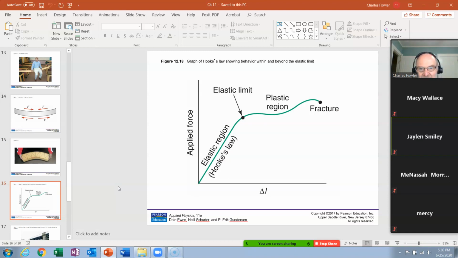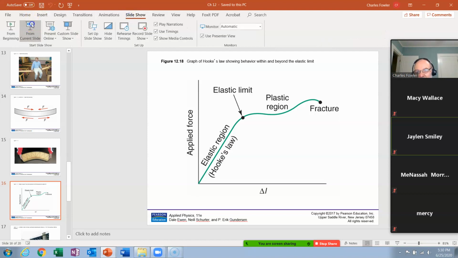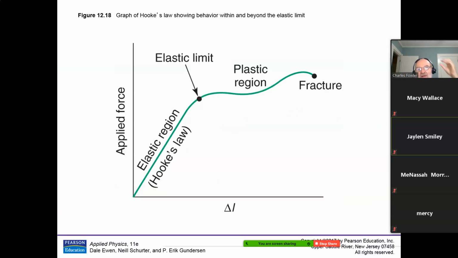I was wrong. This illustrates Hooke's law, okay? Anytime you're in this straight region here, now what you have here, and this always bugs me the way they do it, but it works out better that way.